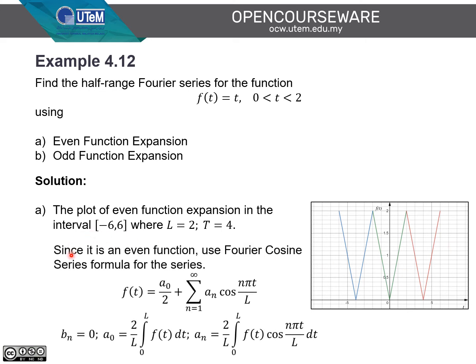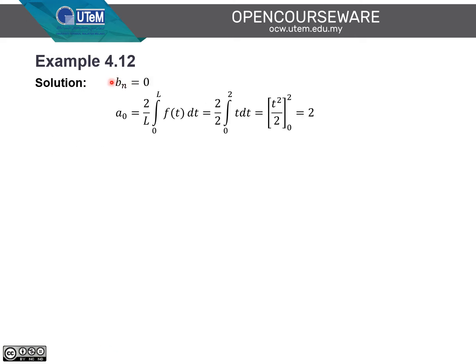Since this is an even function, we're going to use the Fourier cosine series formula to find the series, and this is the formula of the Fourier cosine series. Using the Fourier cosine series, we know that the Fourier coefficient Bn is 0.